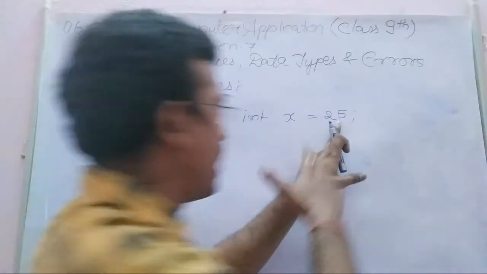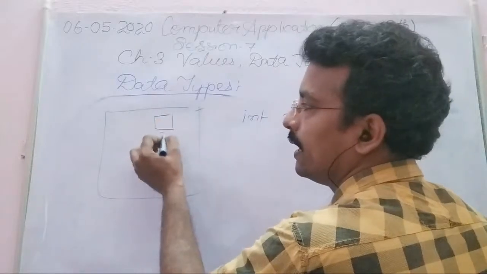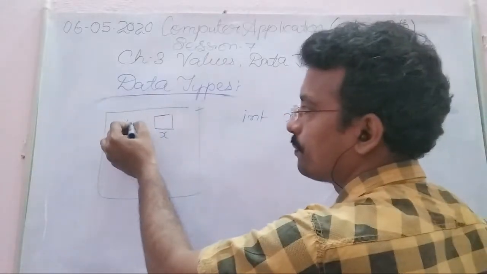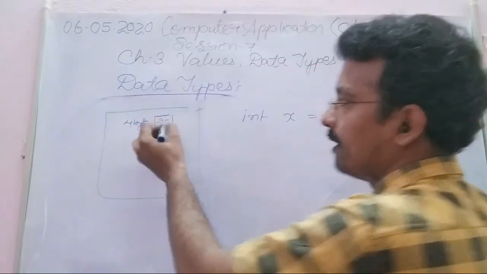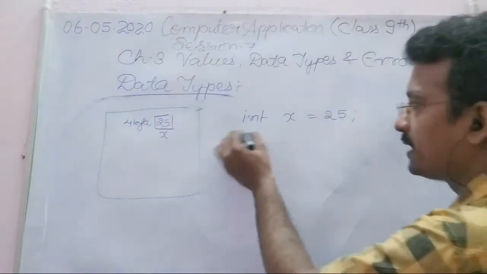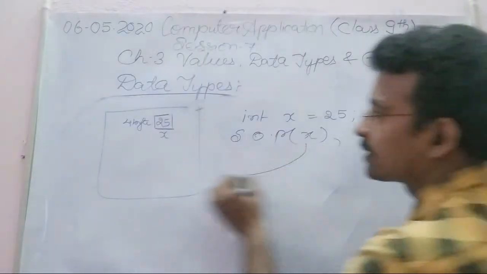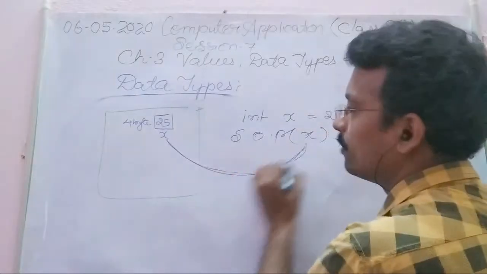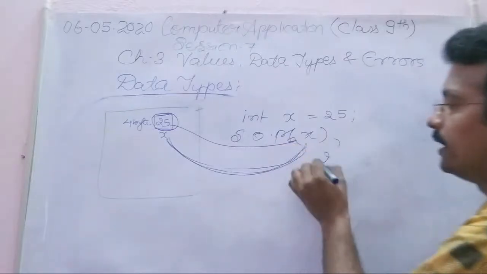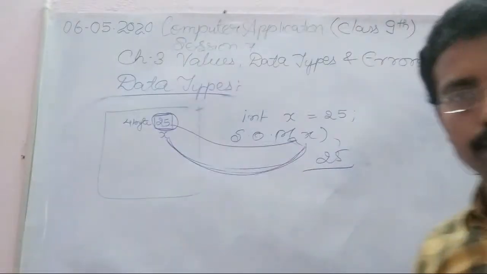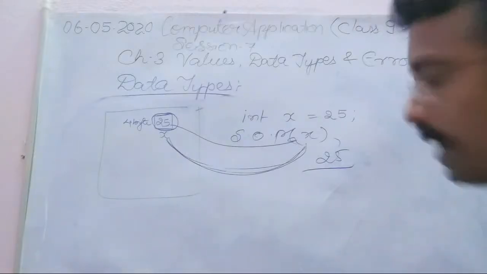I will explain it memory-wise this way: x is an integer type, which means 4 bytes of memory is needed, and it will contain 25. So when it is written system.out.print x, the value of this memory space is called here, and 25 is printed. Hope this statement is clear? Okay, next.